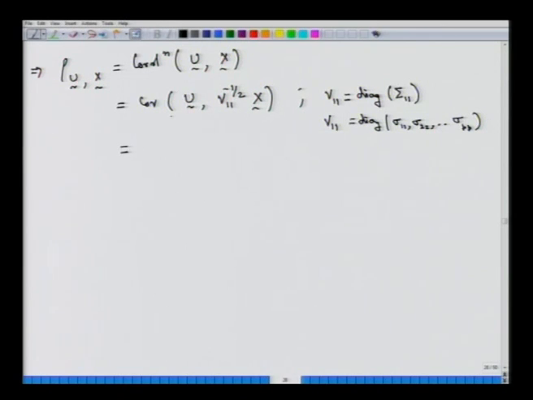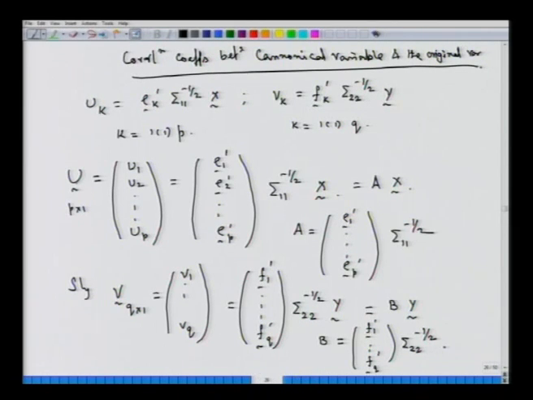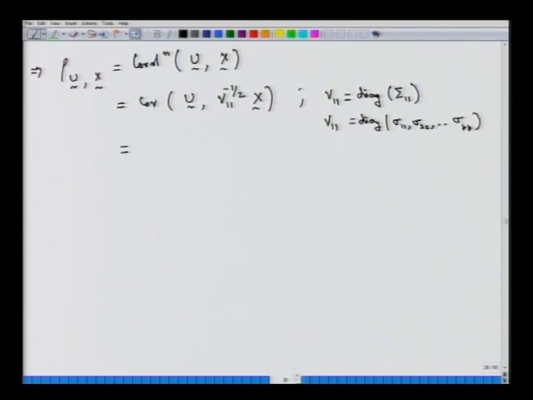Now, by the previous calculations, what we had shown was that u we had denoted by A times x, that is a p by p matrix times the x vector, where A is e1 prime, e2 prime, ep prime sigma 1 1 to the power minus half. So, we will use that particular fact and write this u as Ax.